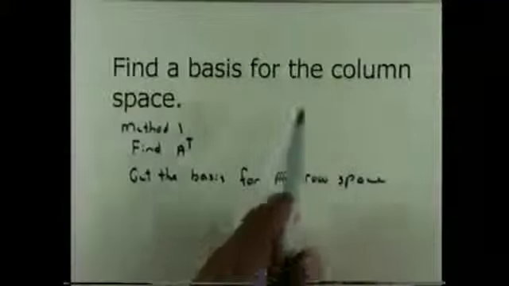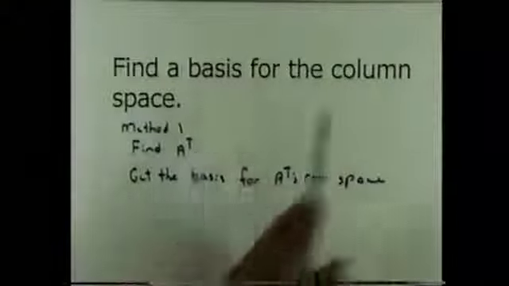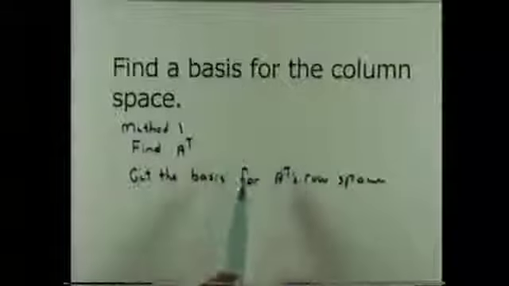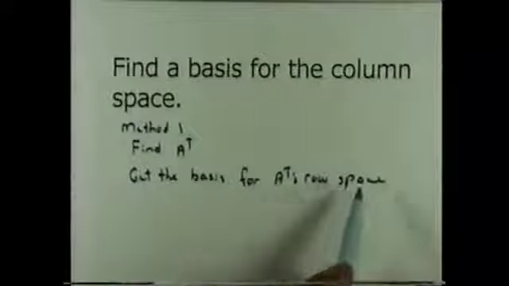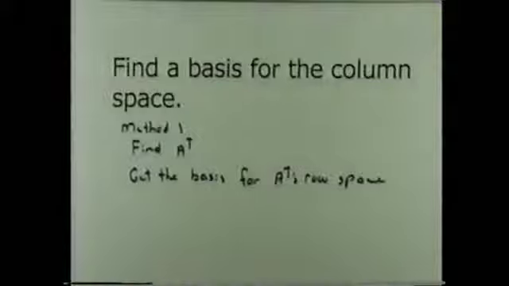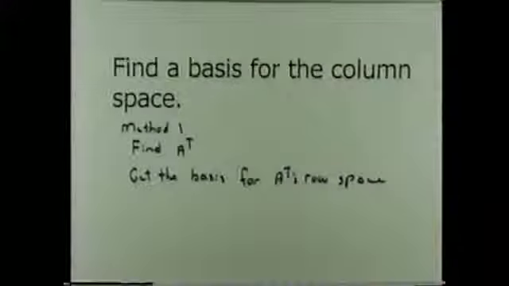Because what were the columns are now the rows, if I get the basis for the row space of the transpose, then I've got the basis for the column space of the matrix.